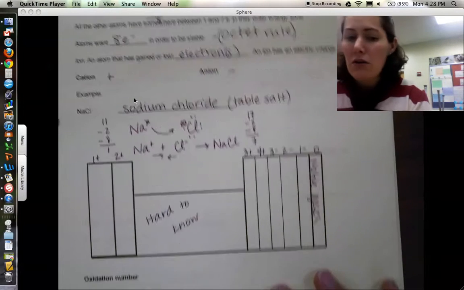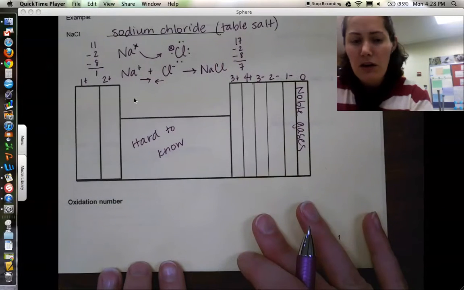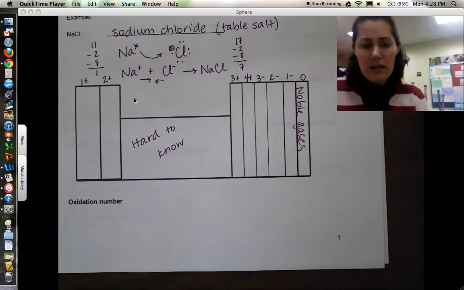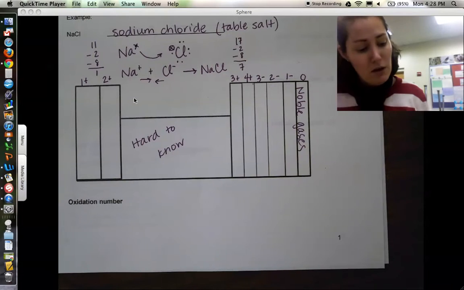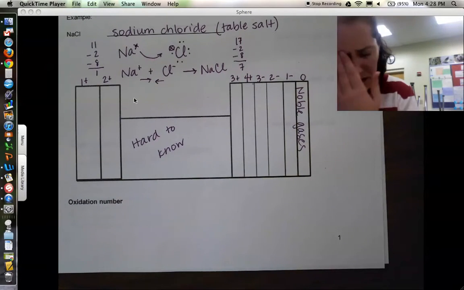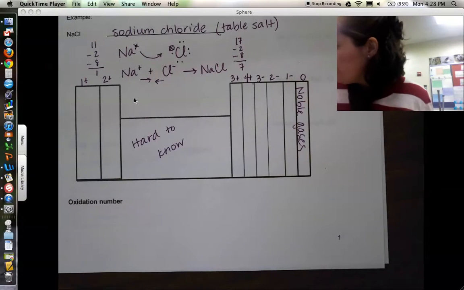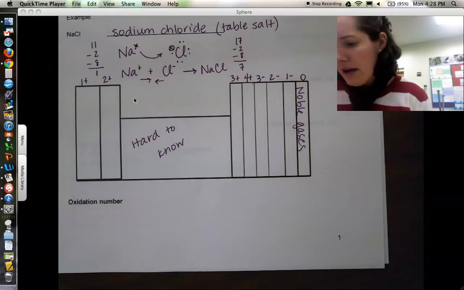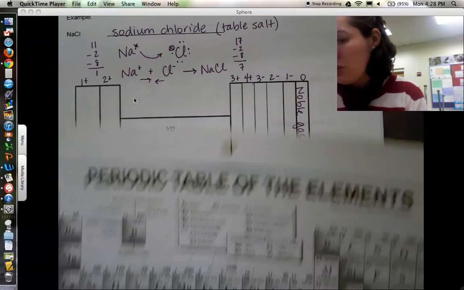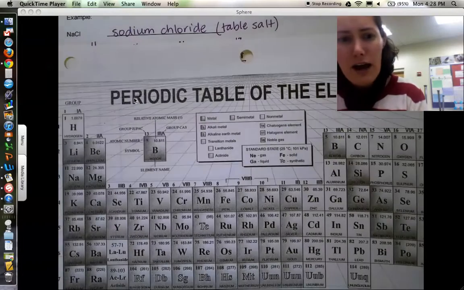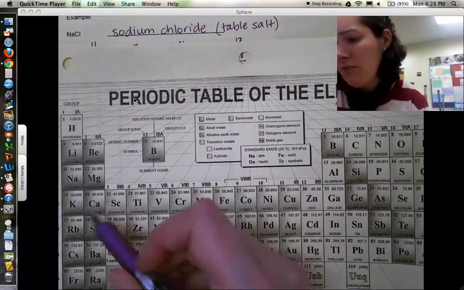So let's take another look at an example here. We're going to do one more example looking at oxidation numbers. Let's do an example with charges of 2 minus and 2 plus. So let's look at calcium.